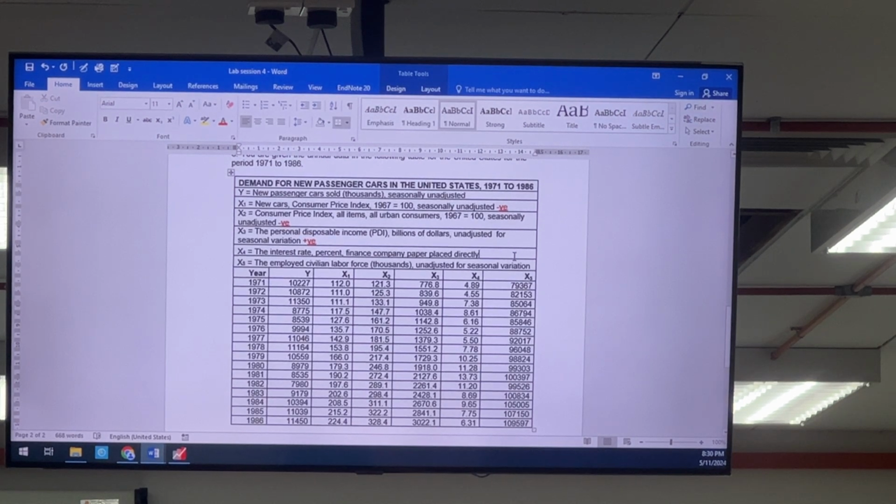X4, interest rate. So if interest rate increases, do sales increase or decrease? Decrease. Interest rate increases, meaning that the cost of borrowing increases, so it discourages people from buying cars. So it is negative.